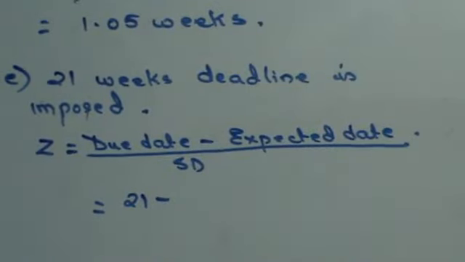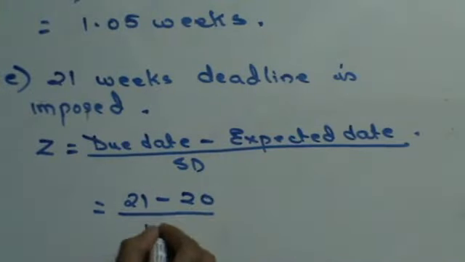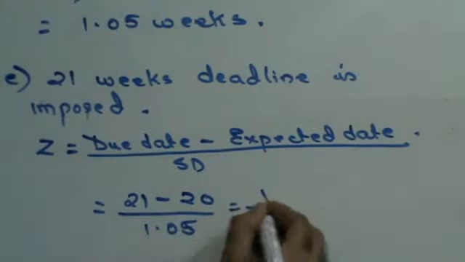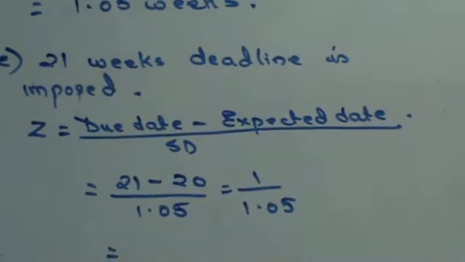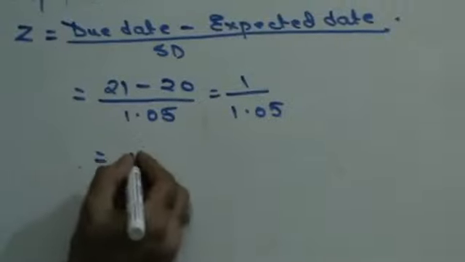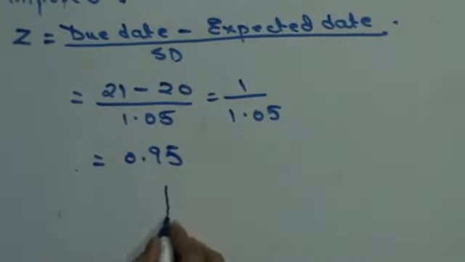The normal project completion time is 20 weeks. Standard deviation is 1.05. So this is 1 upon 1.05. So my normal distribution variable is going to be 0.95. Now let's draw the bell curve for this.